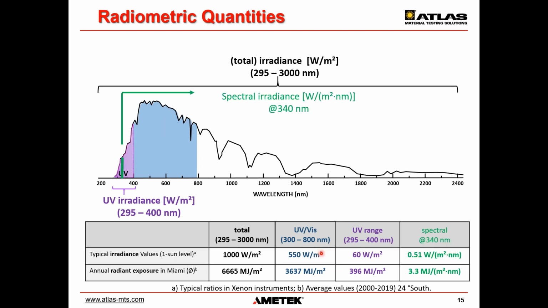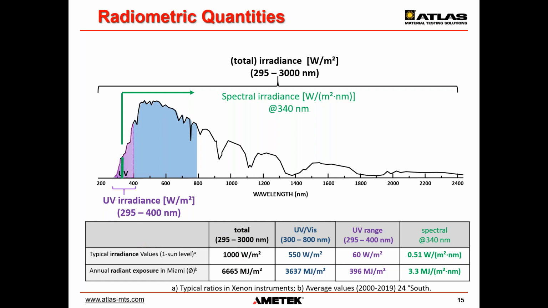Or you look just at one wavelength with a narrowband radiometer, and here the spectral irradiance in almost the middle of the UV, at 340 nanometers, would be 0.51 watts per square meter and nanometer.